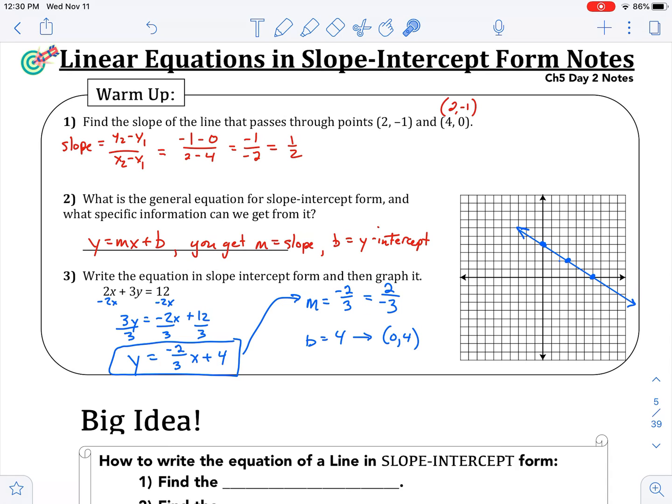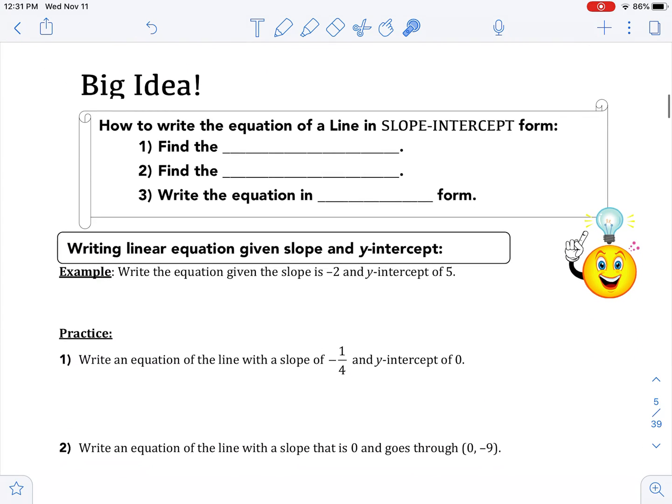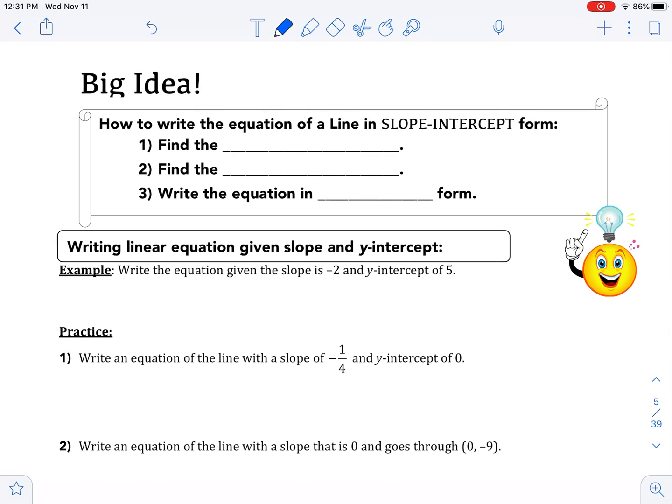Both of those are a negative value, which gives a slope that is negative and going downhill. And then my b value is 4, which I can plot as (0, 4) on this graph, down 2 and over 3, down 2 and over 3. Draw my line in here, and I have a pretty little linear function here. As we slide to the next part of this, I'm going to start filling out these notes.